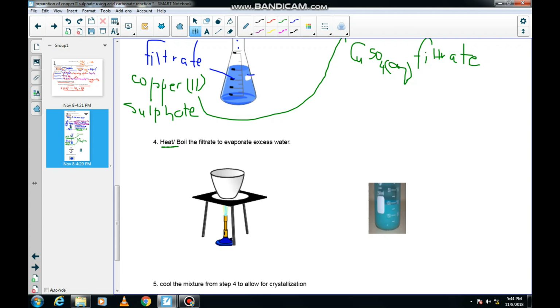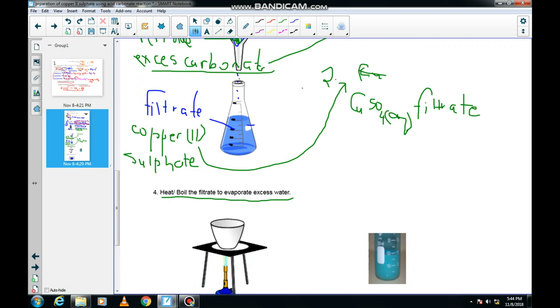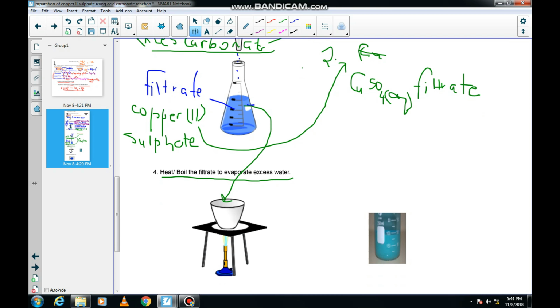The next step says heat or boil the filtrate to evaporate excess water. After filtering, take the filtrate, transfer it into an evaporating dish, and then heat it in order to evaporate excess water.